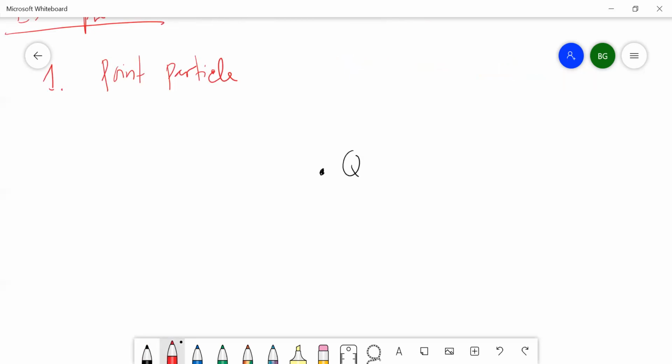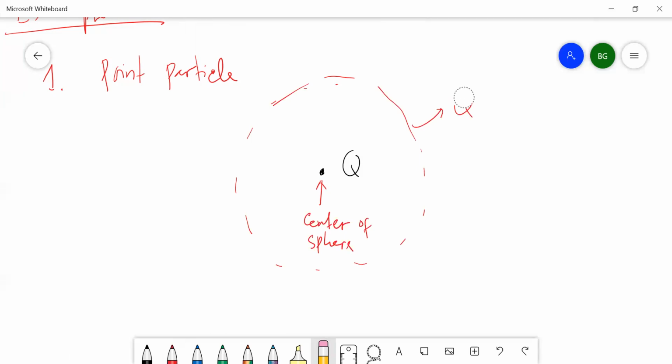Let's say I take this Q in the center of the sphere. This is the center of the sphere. This is the Gauss surface.